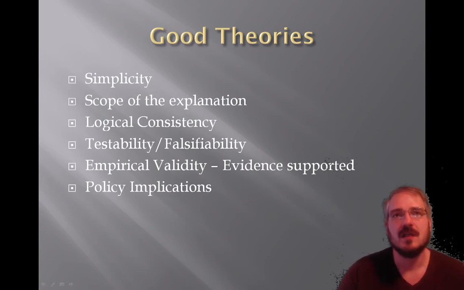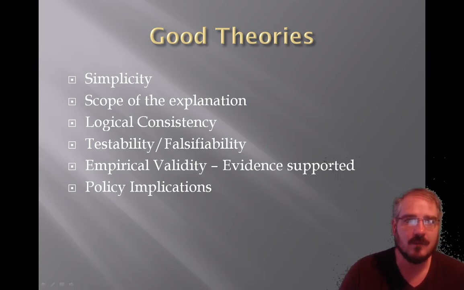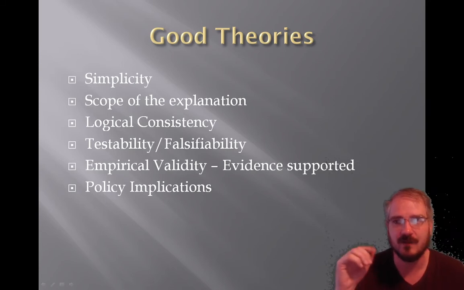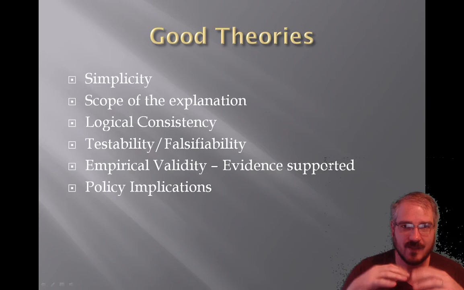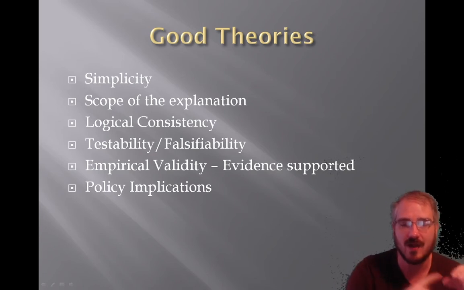Well, good theories obviously are going to be simple, okay? Prior to Copernicus, we had this theory of the planets and the sun, and everybody believed that all those things rotated around the Earth, or revolved around the Earth.